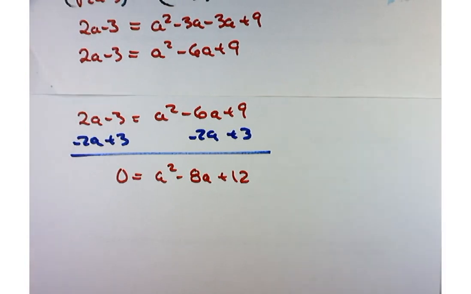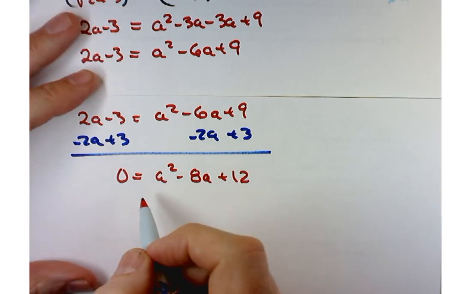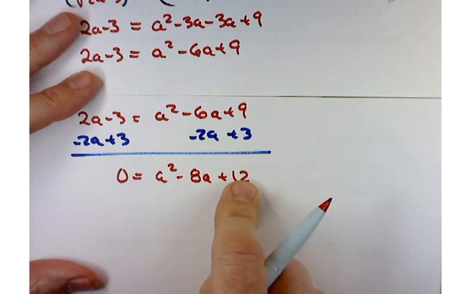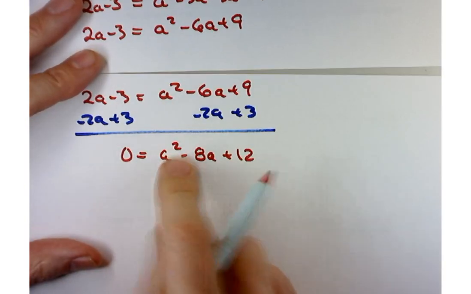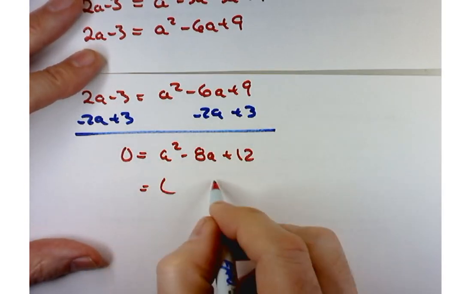Pause for a minute here. Looking okay with this so far? All right. This is a quadratic equation. You've got a squared term here, that makes it a quadratic equation.